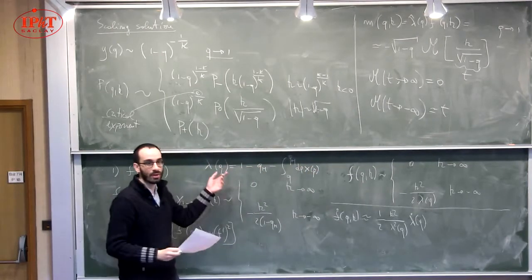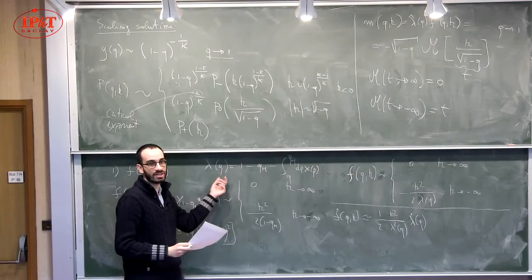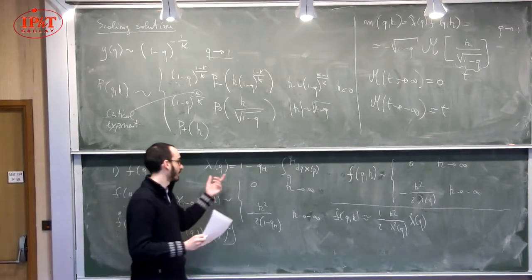So it's just the lambda of x, but using x of q instead of q of x.